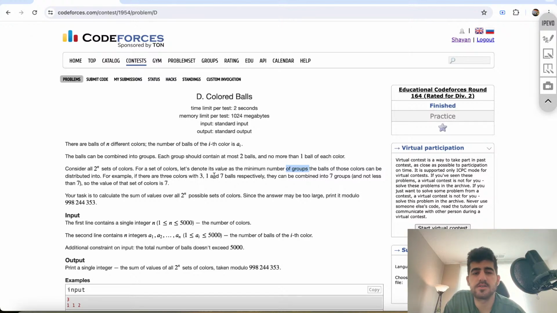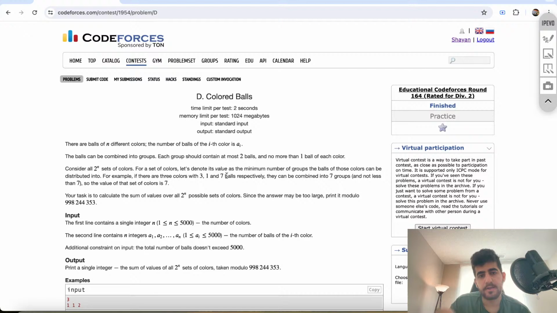Okay, I got it. So 3 of these will be matched with 3 of these, 1 of these will be matched with this one, and the other 3 will be matched separately. So it's that 4 plus these other 3 lone balls.